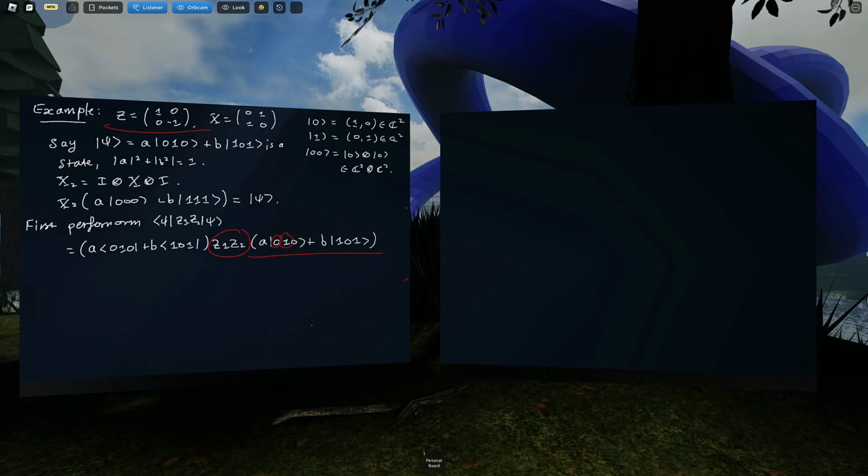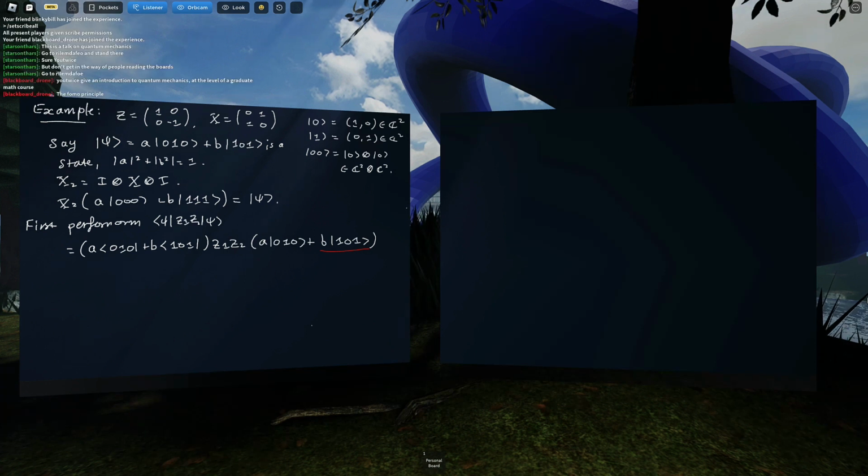So you can just look at this matrix and imagine that it has been written with respect to the basis that I wrote up here. And then you can get the action of Z1 Z2 upon this vector. So the result of that is that entire vector is multiplied by -1. And then the same thing happens over on the next component of the vector. So what this turns into is just the negative of psi.